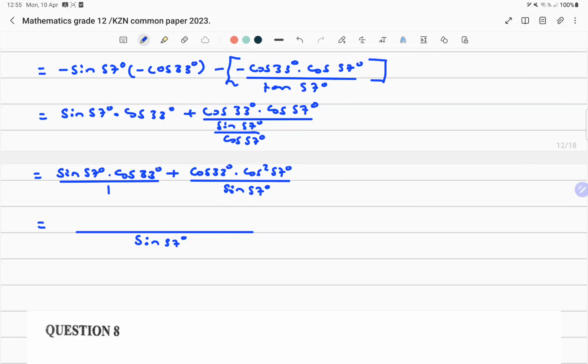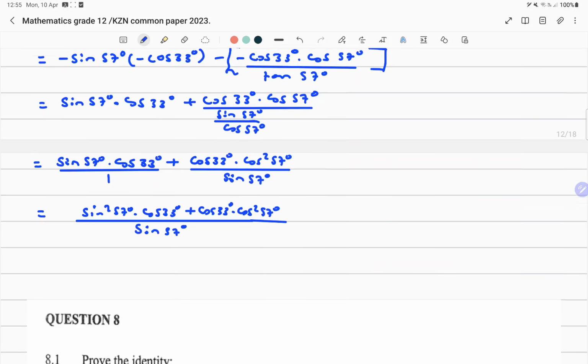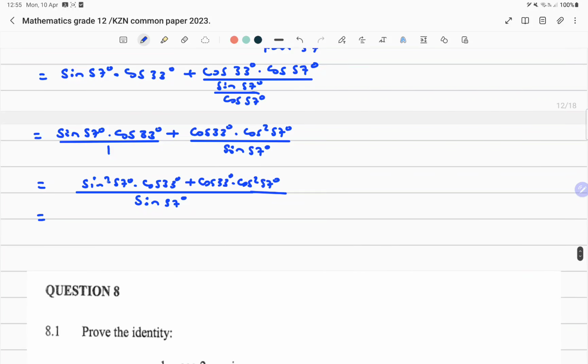And then when we remember, this divided by that is this, and then we multiply by that one there, we get sine squared 57 cos 33, plus then here we just get cos 33 times cos squared 57 degrees. Okay, so let's see what happens here now.